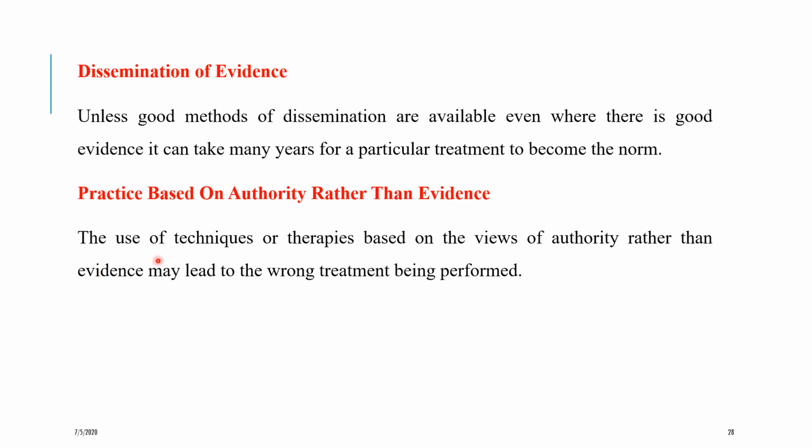For example, the use of techniques or therapies based on the views of authority rather than evidence may lead to wrong treatment being performed. That means somebody is insisting you do that treatment, even though the person who is insisting will be knowing that the treatment is not evidence-based, but still they are insisting you do it. Those things we have to avoid.